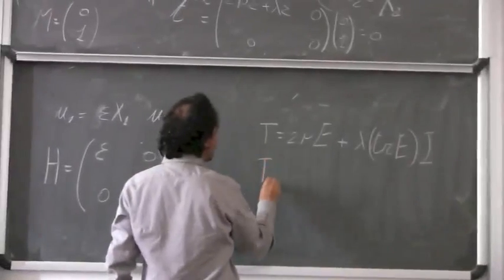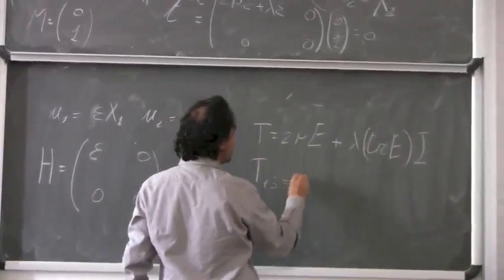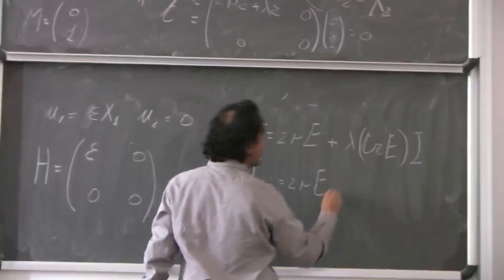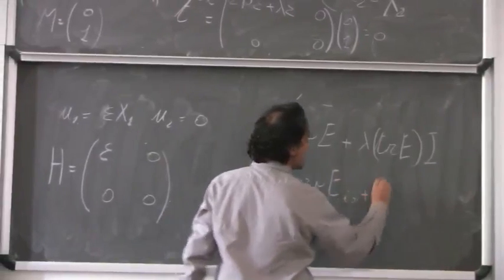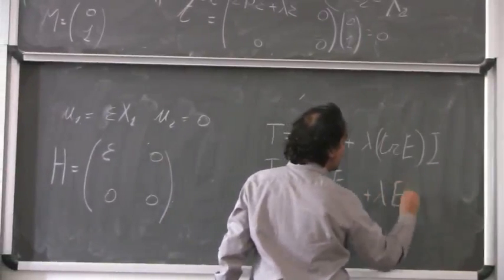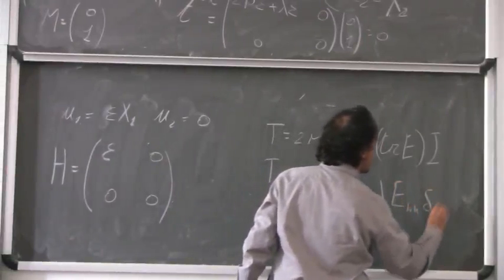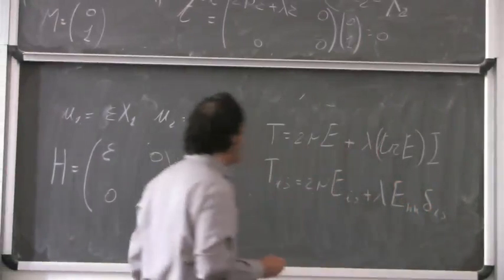That means that the component Tij is equal to 2 mu Eij plus lambda Ekk delta ij.